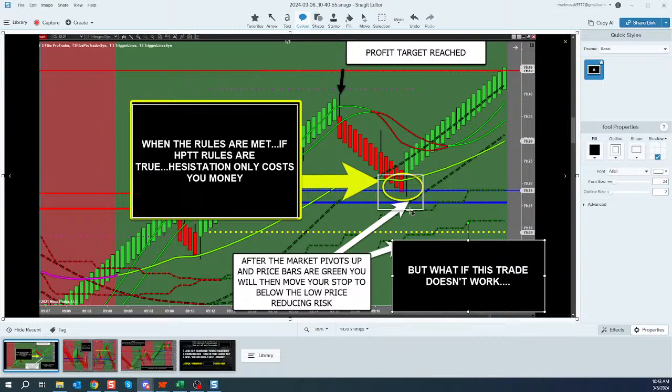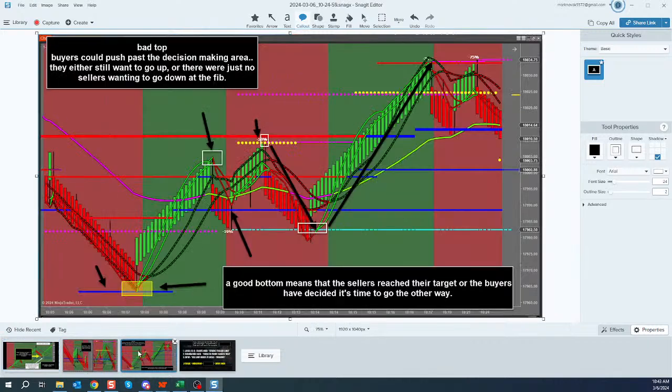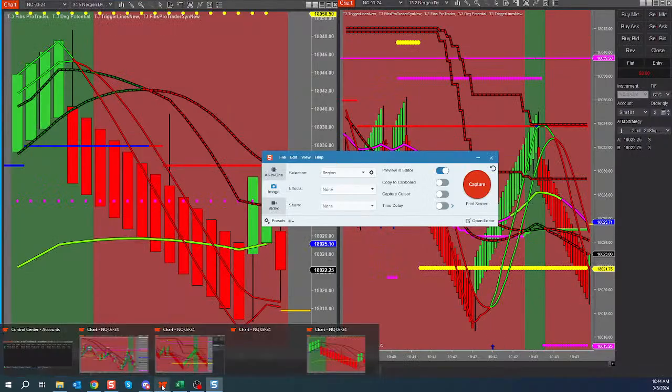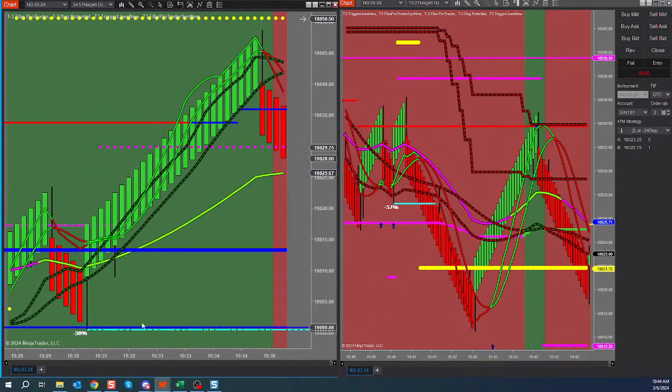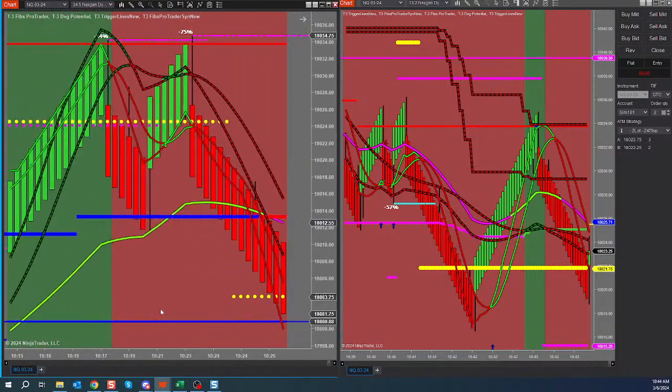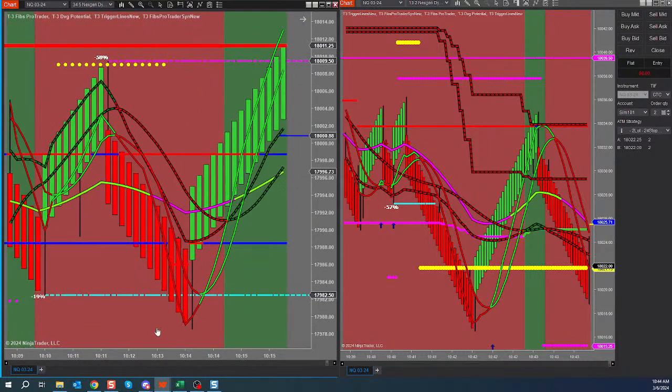But you are so good at identifying momentum that I've seen you take trades into the fib, which pulls it out of the high probability scenario. Does that make sense? And I'm trying to find an example of where you did it.